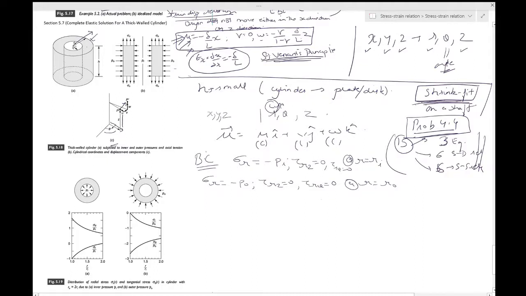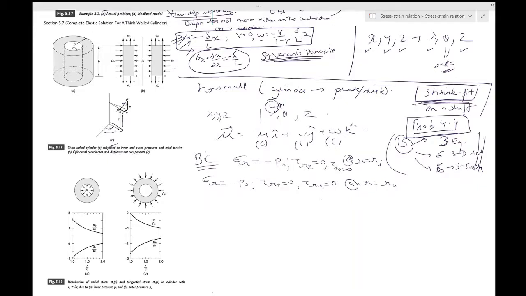So you would have minus pi, and minus p naught. Just check the directions over here and see whether this is true. To the best of my knowledge this is true.